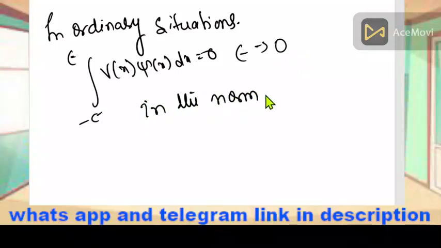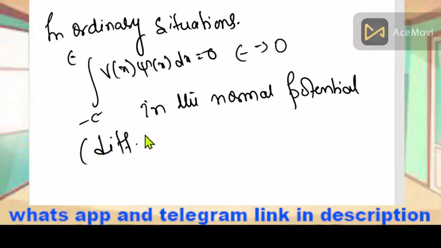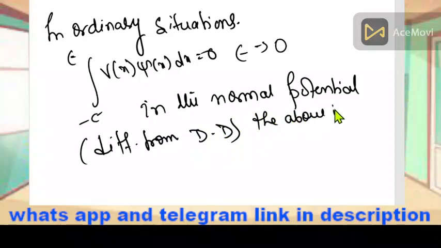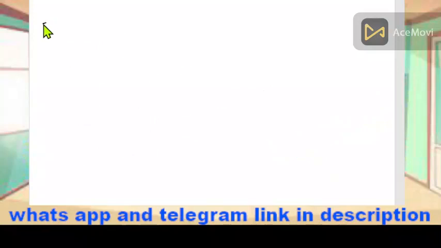In the normal situation, normal potentials, different from the Dirac delta potential, the above integral is 0. So what is the consequence?